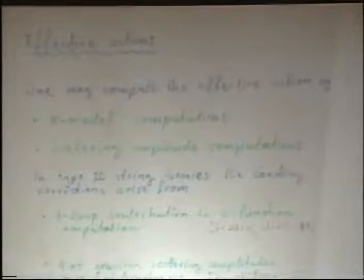In type 2B string theories, the leading corrections arise either from 4 loops on the worldsheet, and it's 4 loops because there is an alpha prime cubed there, or from scattering amplitudes. And the scattering amplitudes involve 4 points or higher. For instance, the R to the 4 term comes from a 4-point graviton scattering amplitude.